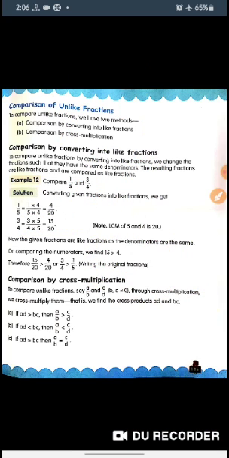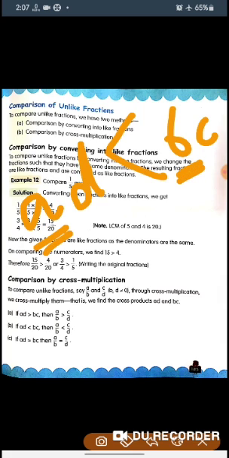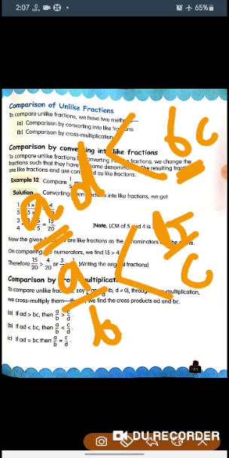Next, if ad is smaller than bc, then which side is greater? The bc side is greater, so a by b is smaller than c by d.